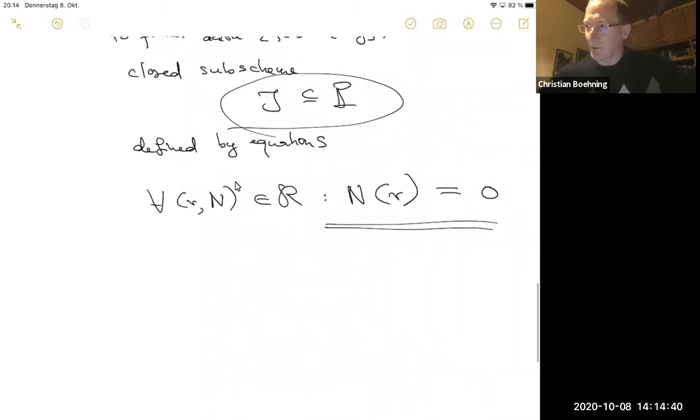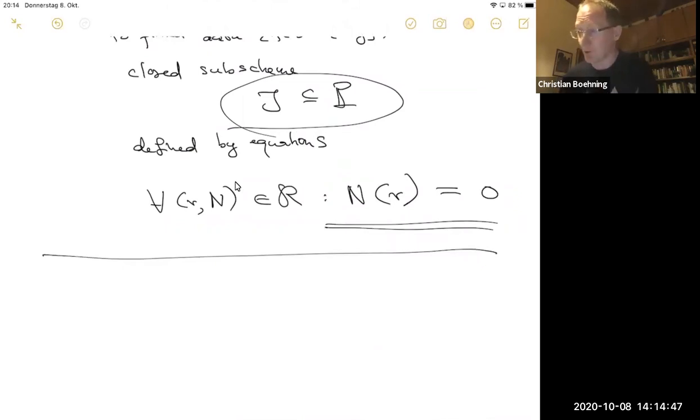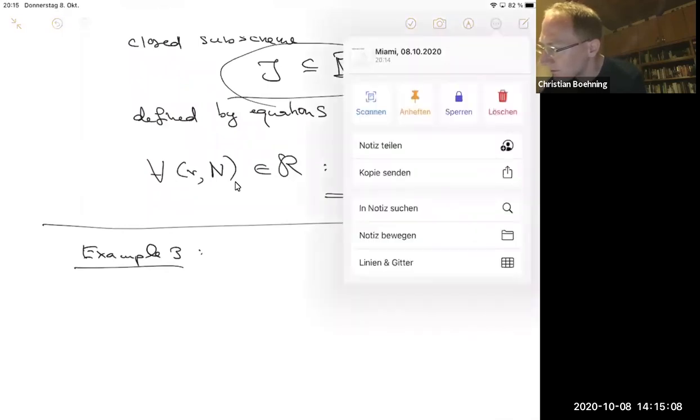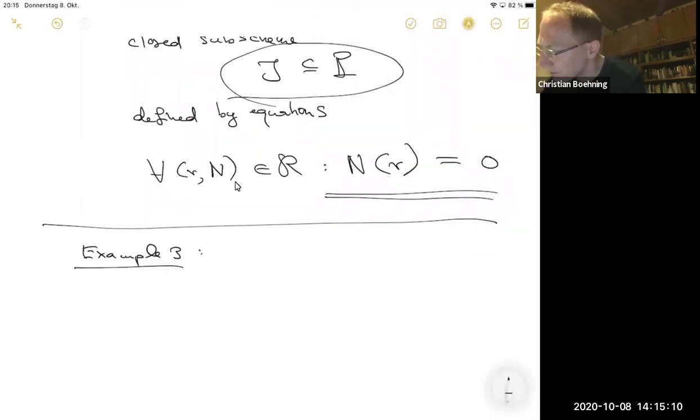So let me give you an example. An example that we'll use to actually construct the surfaces afterwards. So here's example 3. Maybe I want to use some color.